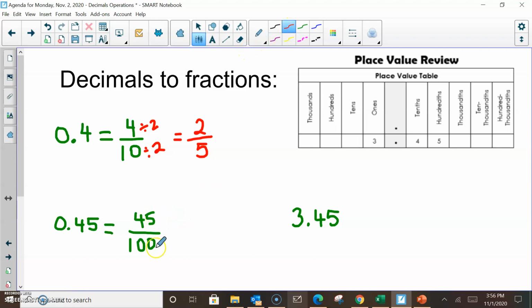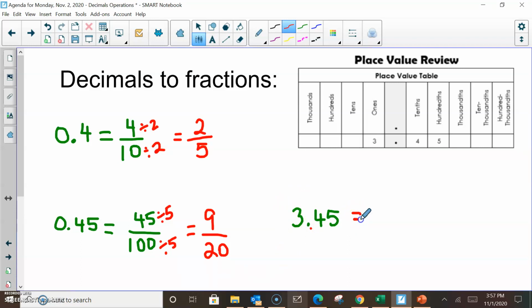If the number ends in 5 or 0, we can always divide by 5. So let's try that. Divide numerator and denominator by 5, and we get 9 over 20. So 9/20ths is the fractional equivalent of 0.45, 45 hundredths.